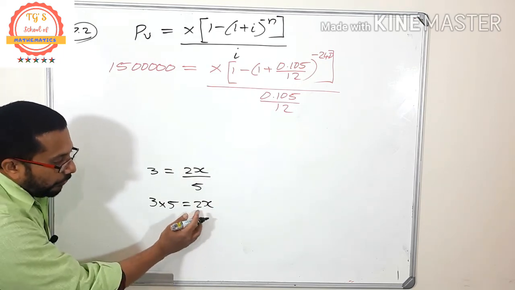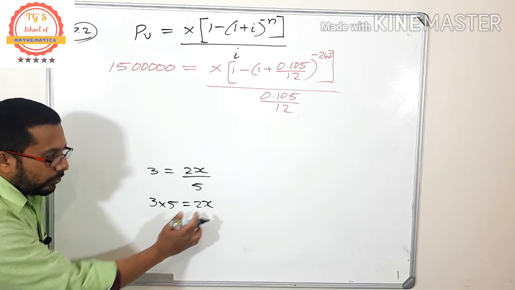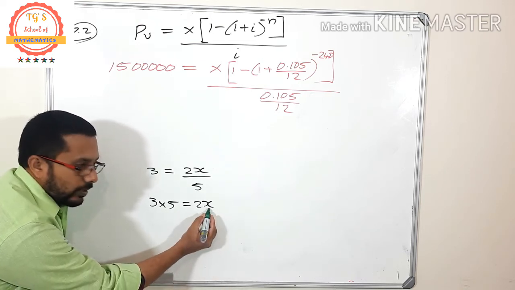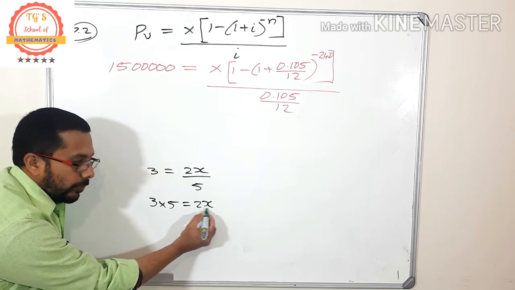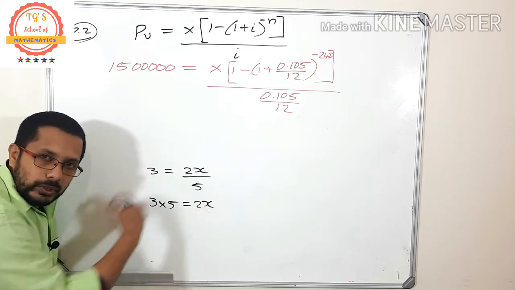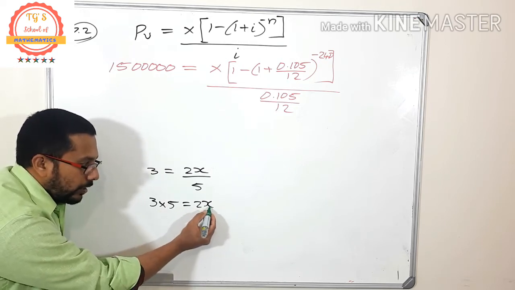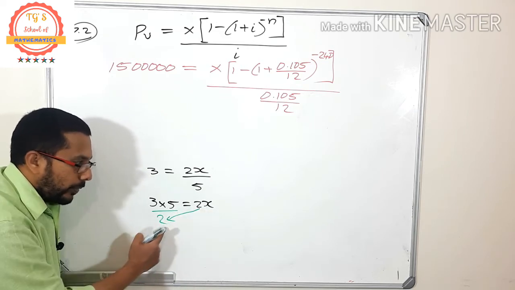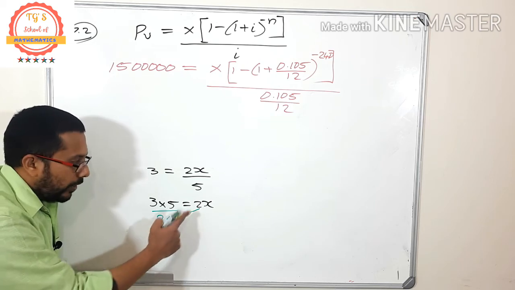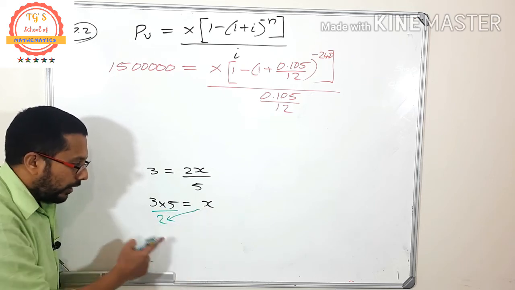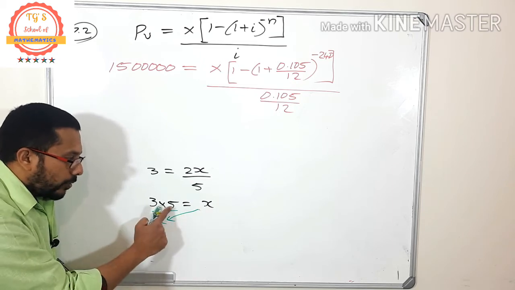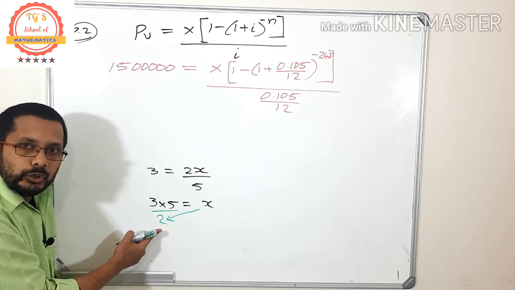I want to find this x. Here it is multiplication, so I want to take these two to this side. Since here it is multiplication, these two will go to the denominator. So the value of x is 3 times 5, 15, divided by 2, whatever may be.